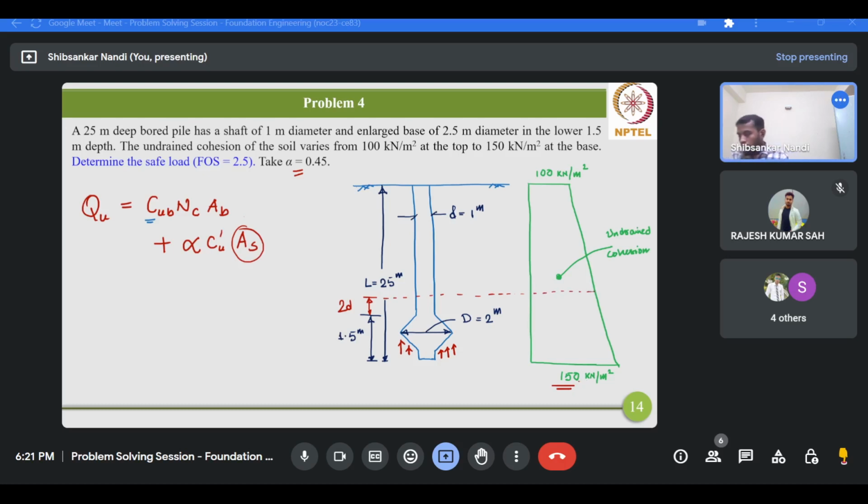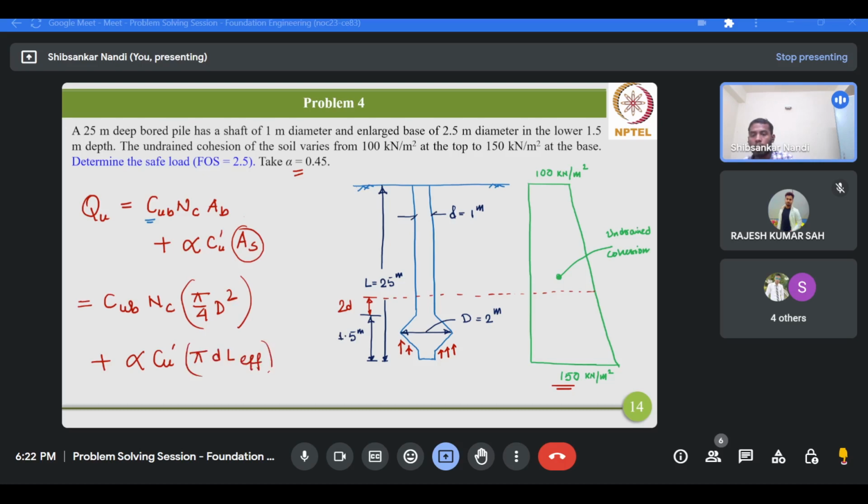Now this equation will be modified as per the given application. So Cub Nc pi by 4 capital D square, not small d square, plus alpha Cu prime pi d L effective, not the overall length.